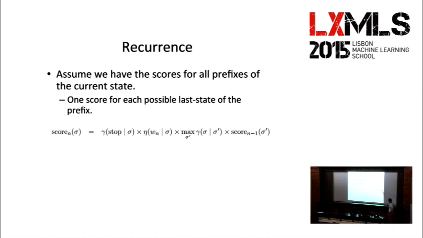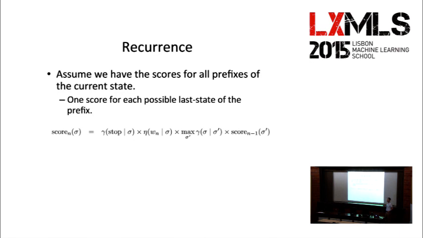So if I have this set of pre-calculated scores, then I can say the score at position n of ending in a given state sigma is going to be the probability of stop given sigma, times the probability of the word given sigma, times the max over whatever the preceding state would have been, the transition from that preceding state to this current state that I'm considering, times the score of that preceding state up to n-1.